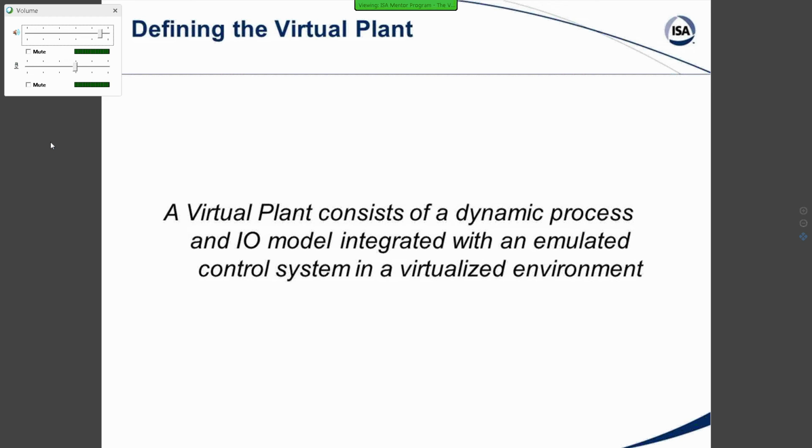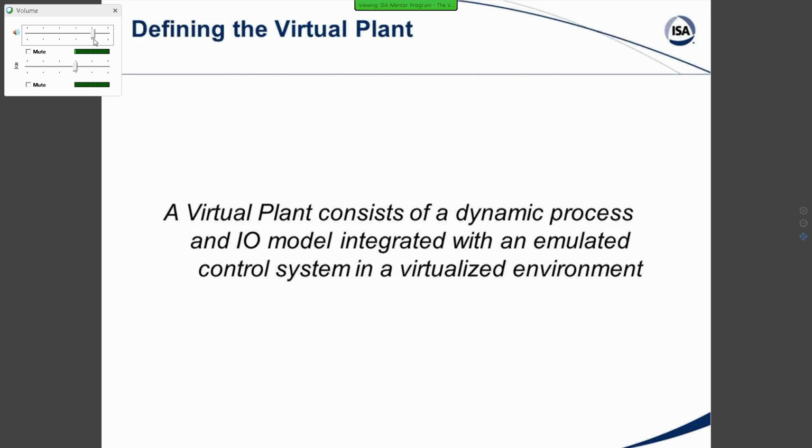First, it consists of a dynamic process and I/O model, meaning that it has realistic dynamic transitions of the process and I/O. Integrated with an emulated control system refers to the fact that this process model is being used and implemented against a copy of your offline production control system.